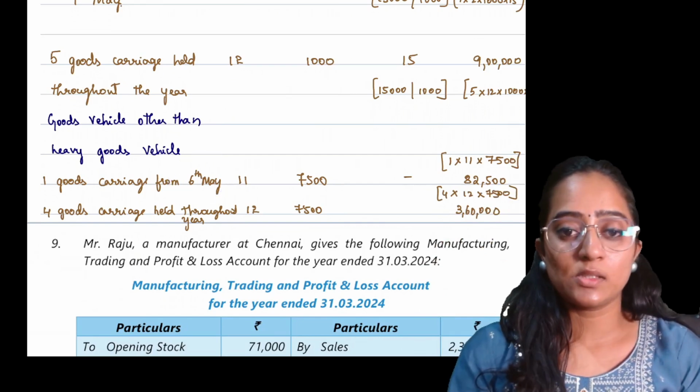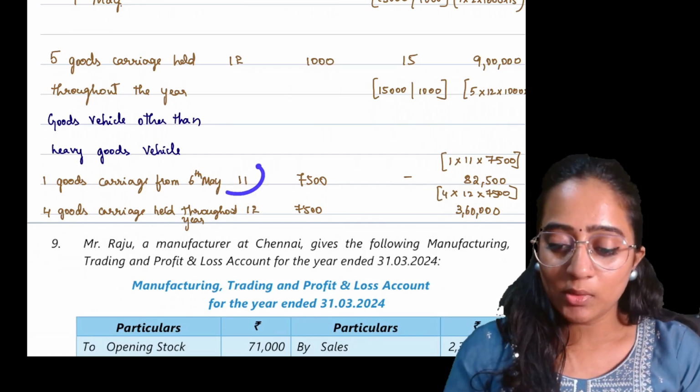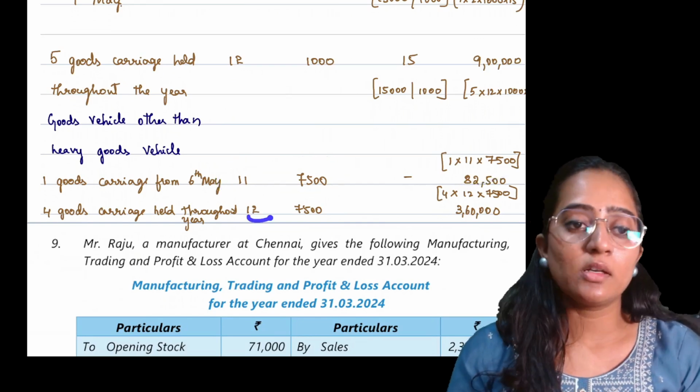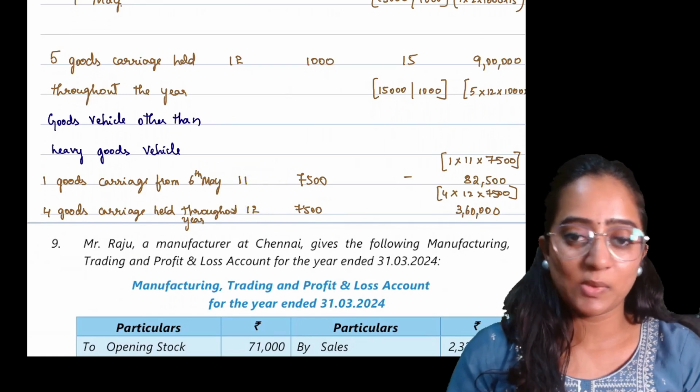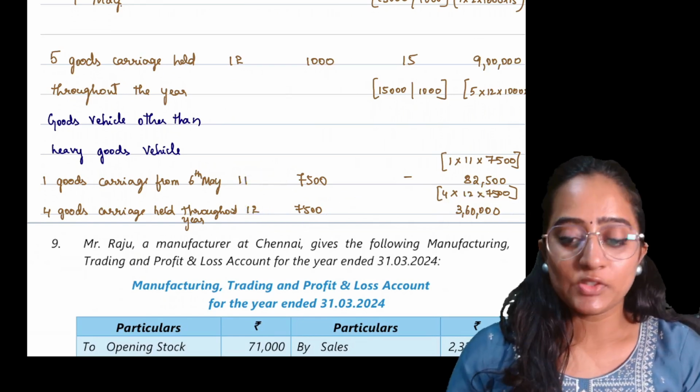As it is bought on 6th May, even a single day is considered for the entire month. So 11 months multiplied by 7,500 gives you 82,500. Then the other remaining four vehicles were present as usual, 7,500, giving 3,60,000. This is your question number.